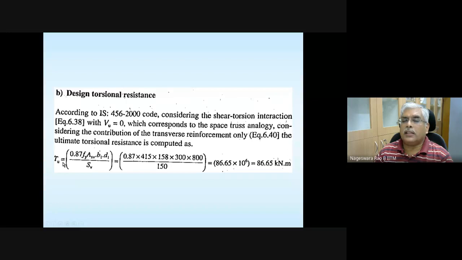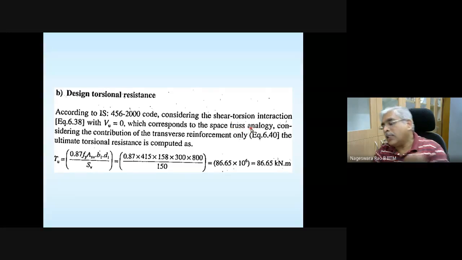Here that is what is mentioned. According to the IS 456-2000 code, considering shear torsion interaction, that equation is nothing but the shear torsion interaction equation with VU equal to 0. At this stage you don't need to pay attention to the description, because yesterday Professor Amlan was mentioning the space truss analogy.